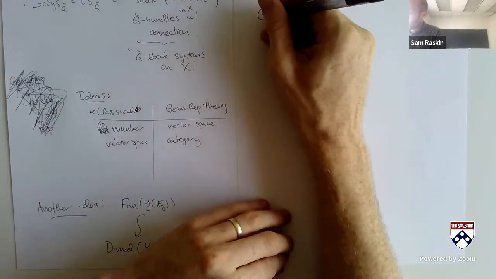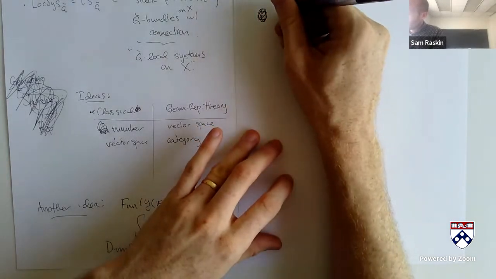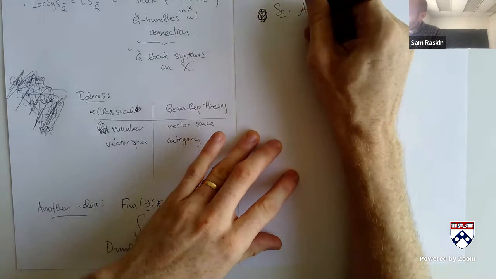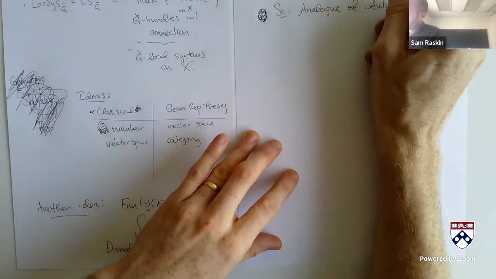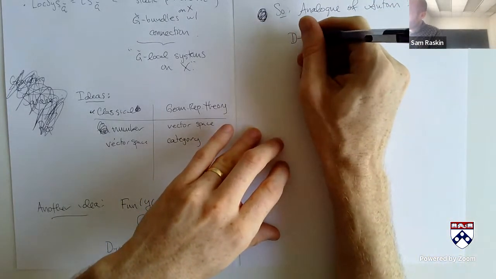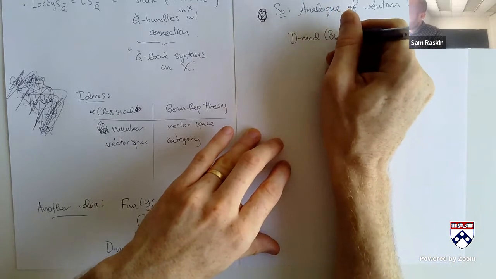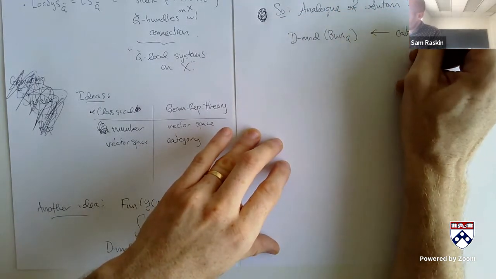And so now there's going to be this analog of Satake. First, there's going to be some kind of analog of the space of automorphic forms, and this is going to be the category of D-modules on Bun_G. This is a category.